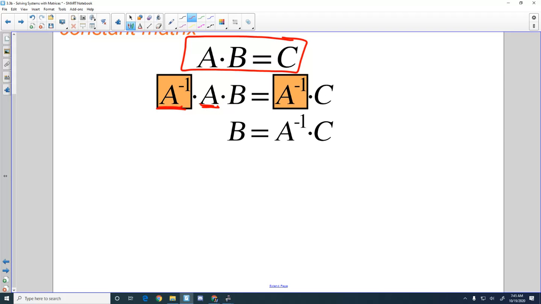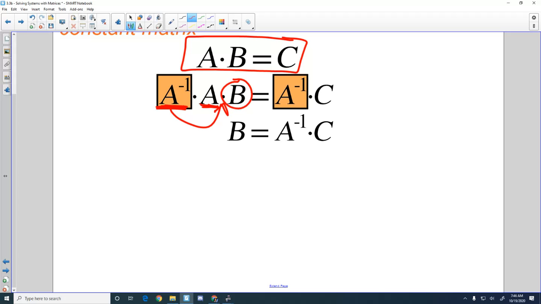Now, we chose to put A inverse on the left of A. We had to because matrix B was on the right side of A. I couldn't put this in between. I could not squeeze this A inverse in between A and B. You're not allowed. If there's already a matrix next to it, you can't squeeze a matrix in between them.